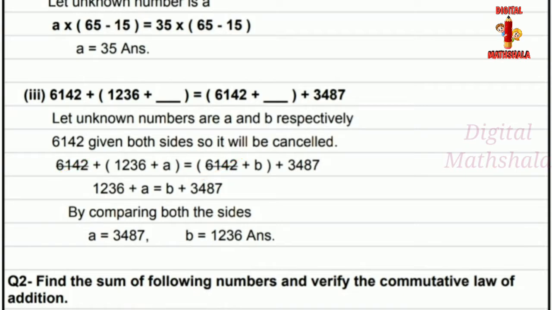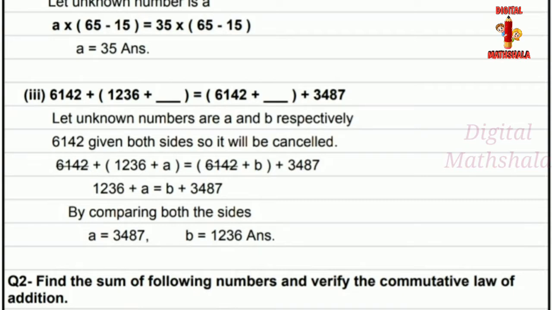Now when we compare both LHS and RHS, we can see that A is adding with 1236 and B is adding with 3487. The answer is equal on both sides.